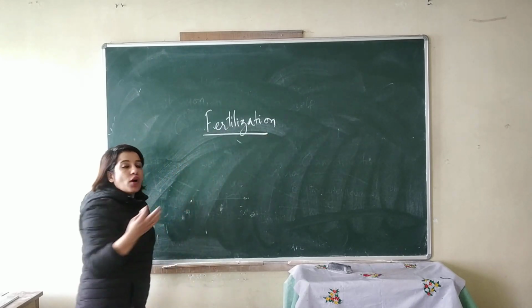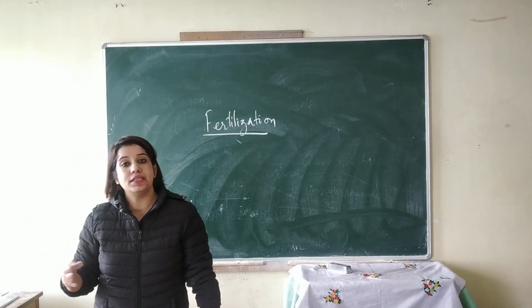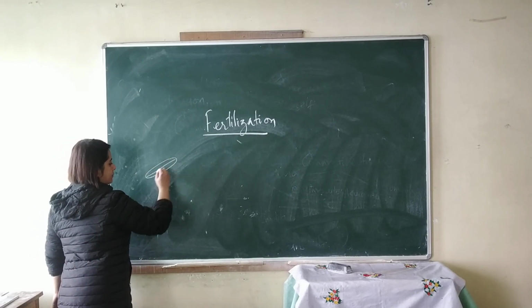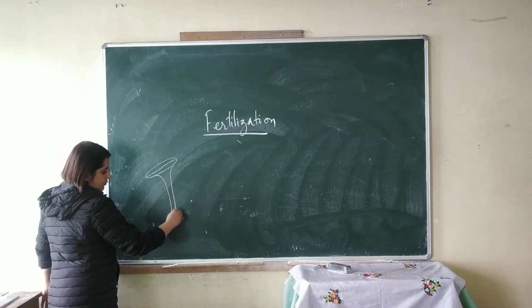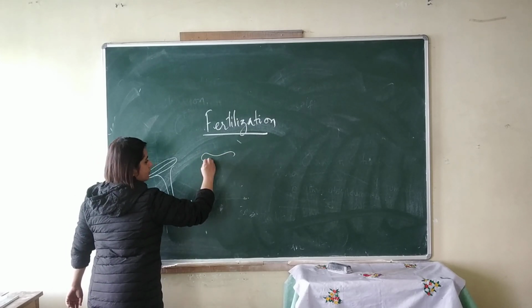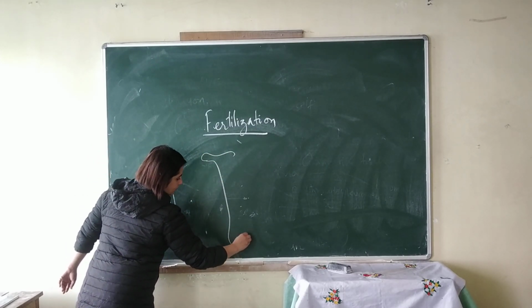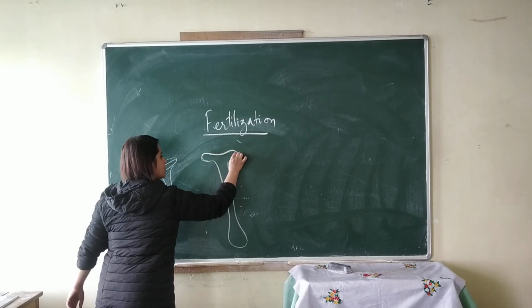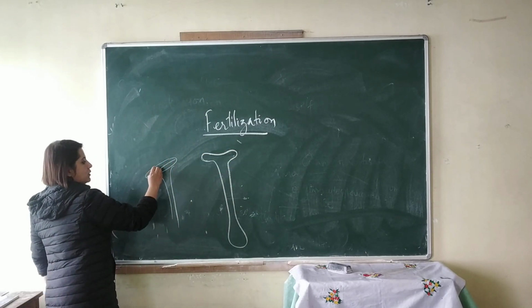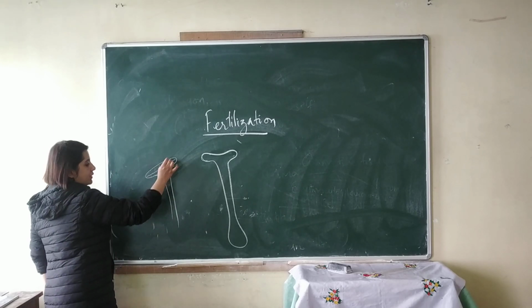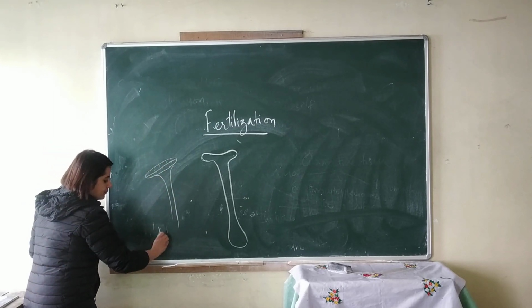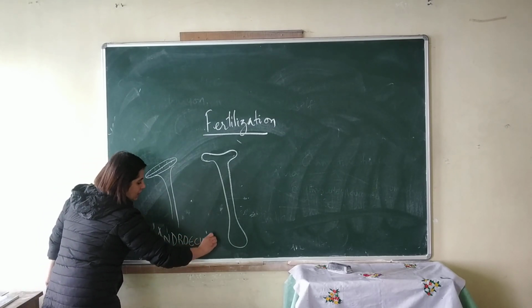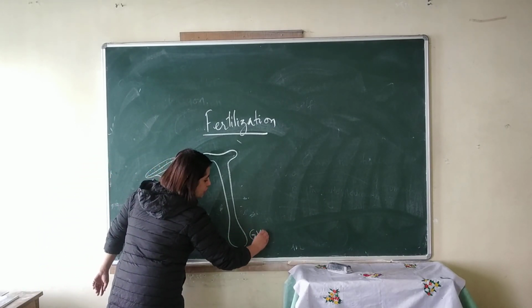So after pollination has taken place, what happens? Suppose this is the androecium, the anther with the pollen grains, and this is your gynoecium.